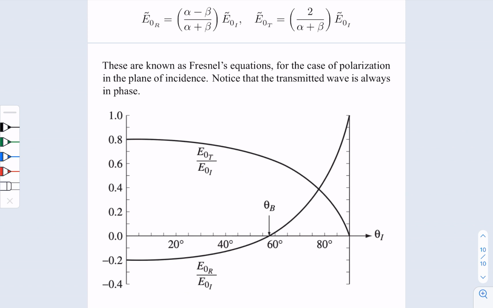But another point is that we can actually make use of the Brewster angle to make polarized light.